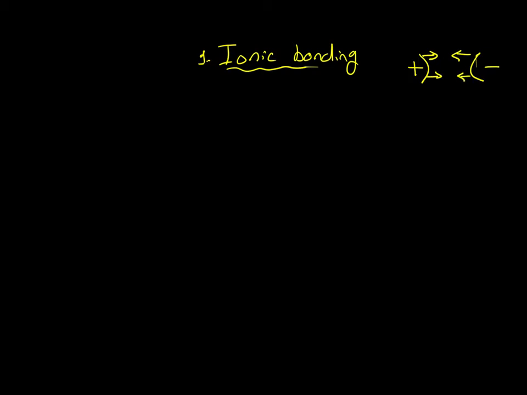This force of attraction, we call it ionic bonding. And the attraction that happens between oppositely charged particles, we call it electrostatic attraction. So ionic bonding is electrostatic attraction between positive and negative ions.